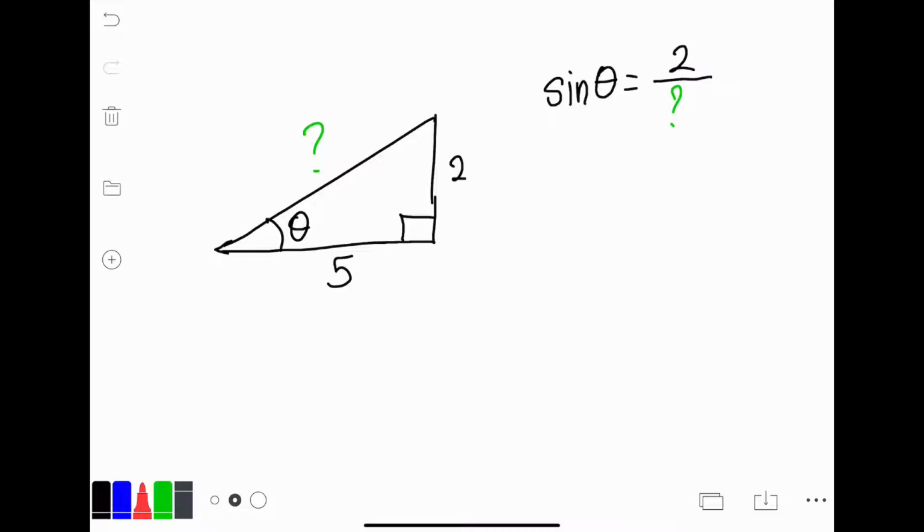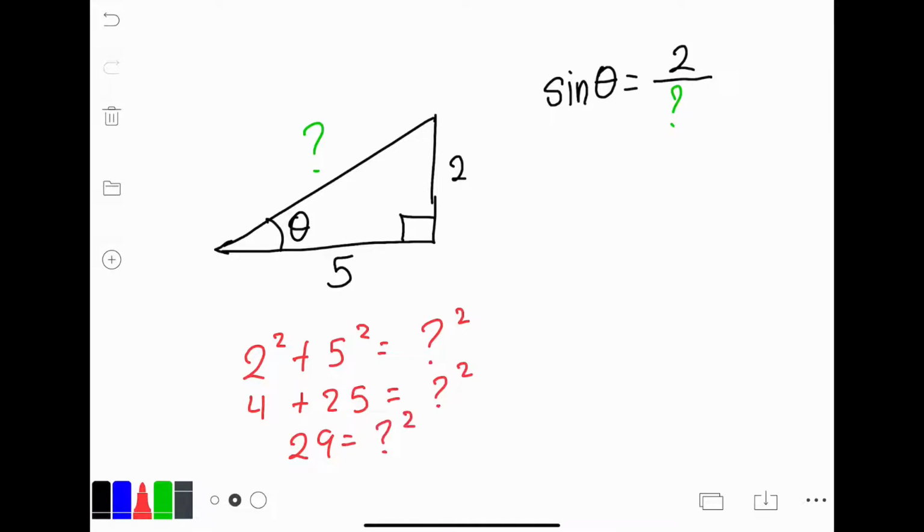So, using the Pythagoras theorem, 2 squared plus 5 squared would be equal to question mark squared, which is what we're looking for. So we have here 4 plus 25 is equal to question mark squared. And then 29 is equal to question mark squared. Therefore, our missing side, our hypotenuse, is square root of 29.